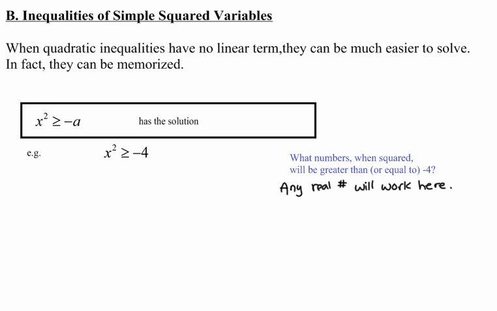Because when you square any number, it's going to give you a positive. Squaring creates a positive number, and all positives are greater than negatives.